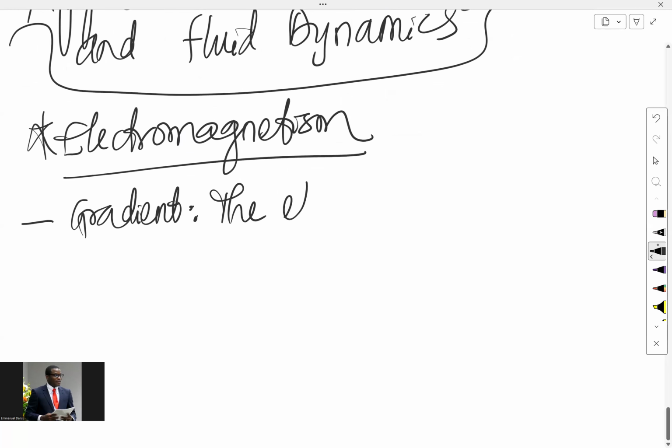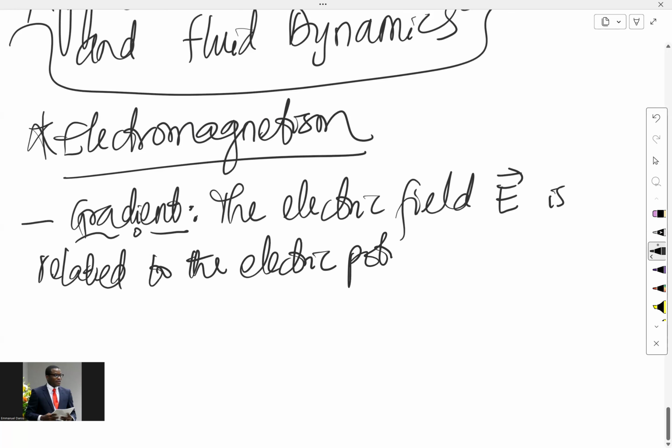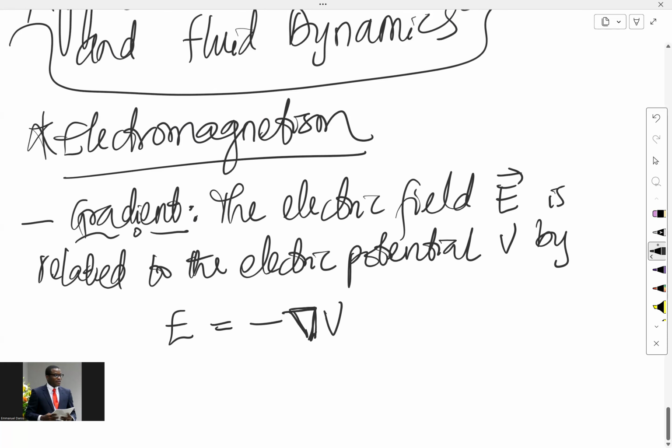The electric field E, which is a vector, is related to the electric potential V by E equals minus del V. This is grad V, so this is like gradient.